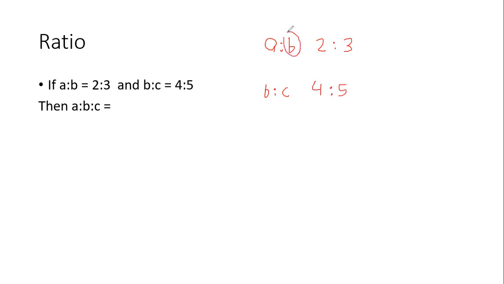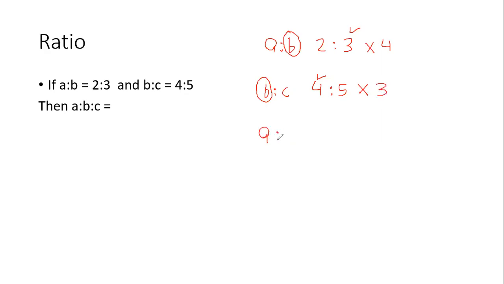Now I identify the common variable, which is B. The variable which is common, I have to make equal. Now the value of B is 3 here and the value of B is 4 here. If I want to make the variables equal, I will multiply the first equation with 4 and this time I will multiply the second equation with 3.